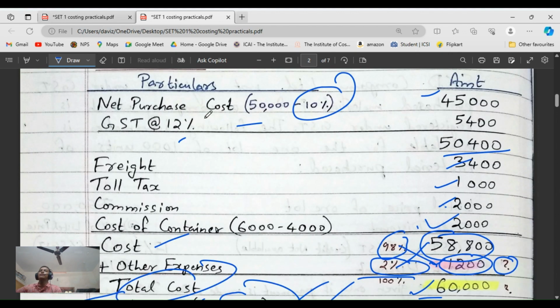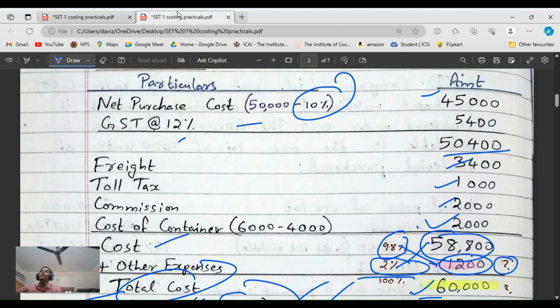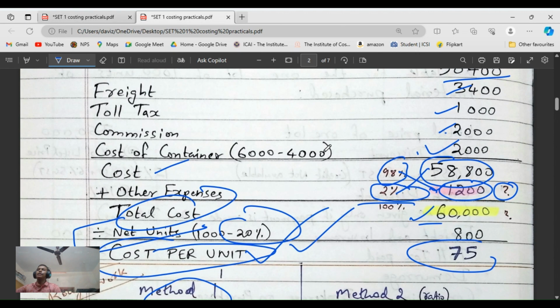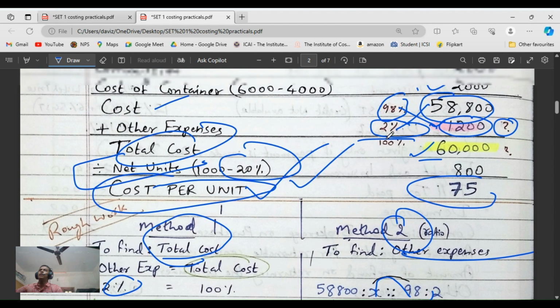I will repeat once again. The net purchase cost, which we found, add GST, and all other expenses we add. The cost of container: we take the net of the amount deposited and the amount refunded, which is 2,000. Then we find the cost plus other expenses by method 2 and the total cost.